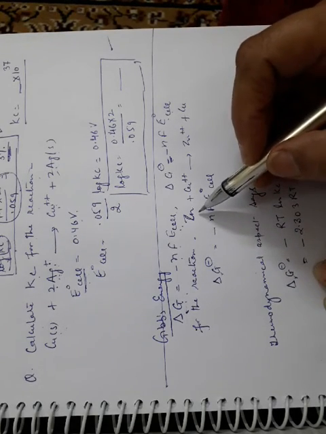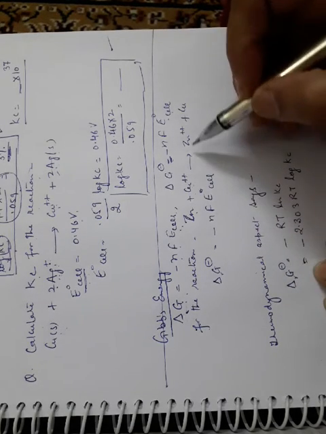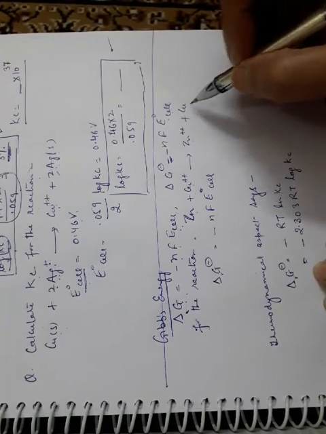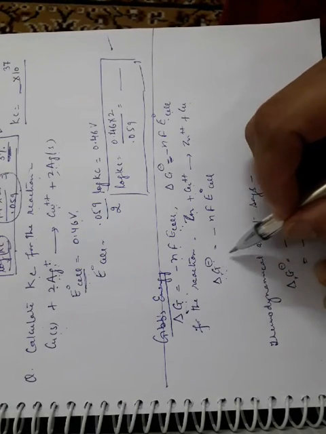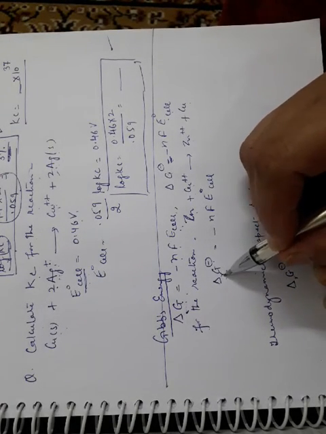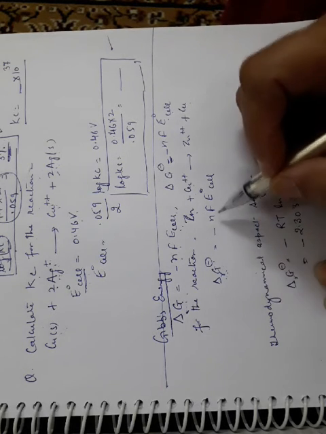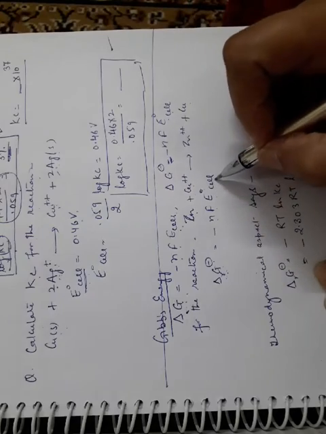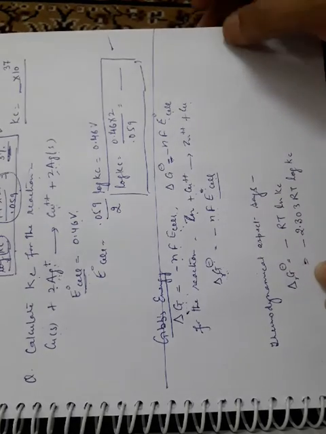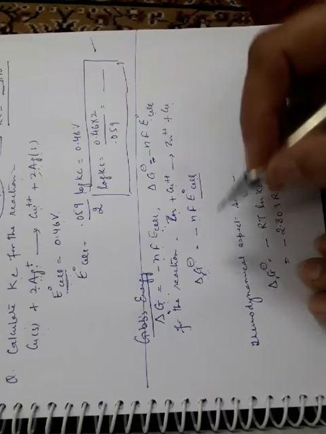Again, for the Daniell cell reaction, zinc plus copper ions giving zinc ions plus copper solid, delta Gr will be what? Delta Gr stands for the standard Gibbs energy change for the reaction, which equals minus nF E naught cell. We know the E naught cell for this standard cell is 1.1 volt.